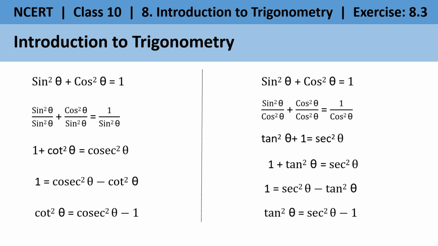Tan square theta is equal to secant square theta minus 1. Memorize these trigonometric formulas. We will be using these trigonometric formulas in this exercise 8.3.